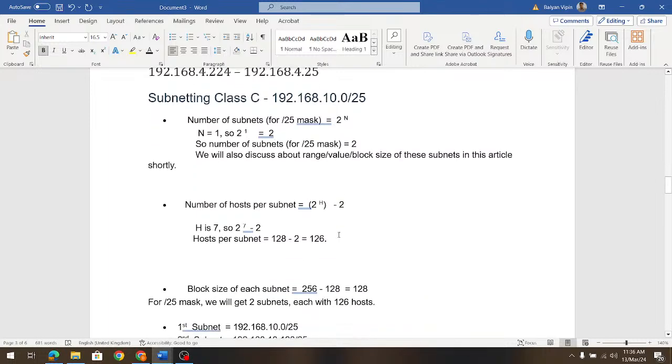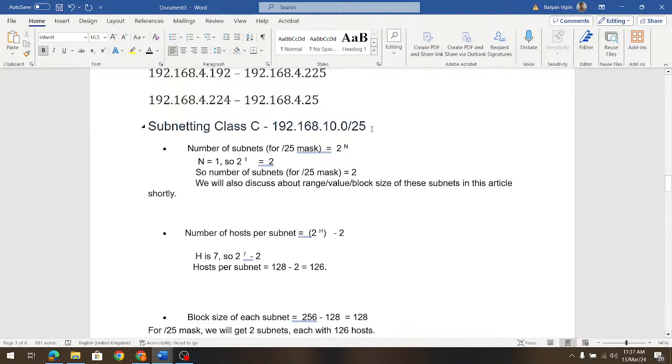Now, suppose we have this given to us and it asks for all the things which we have done now. Again, in this case, we have the number of network bits equal to 25. So 25 means we have n equal to 1. So the number of subnets possible is 2.